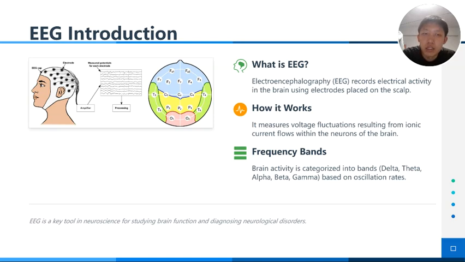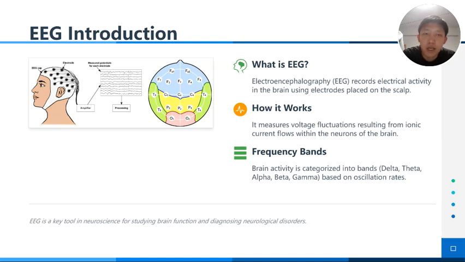EEG is a non-invasive method to record the brain's electrical activity using electrodes placed on the scalp. It measures voltage fluctuations resulting from ionic currents in neurons.